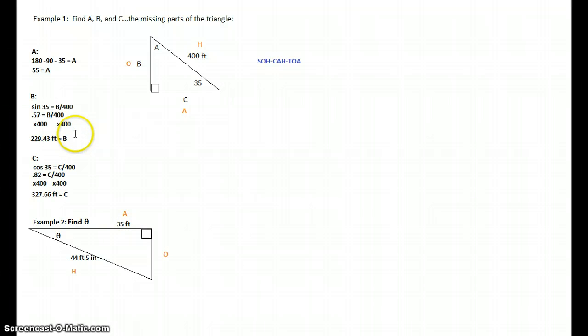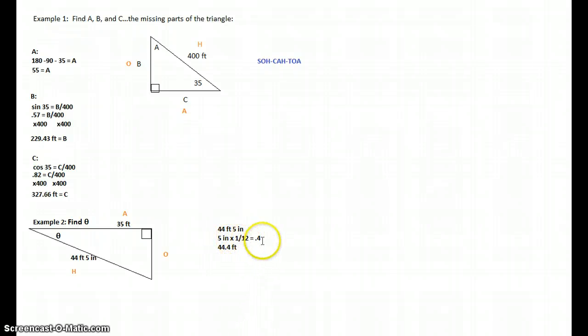Before I continue much further, I'm realizing that we've got feet and inches in this problem. So I'm going to convert the inches into feet. I'm going to take the 5 inches and multiply it by 1 foot per 12 inches.